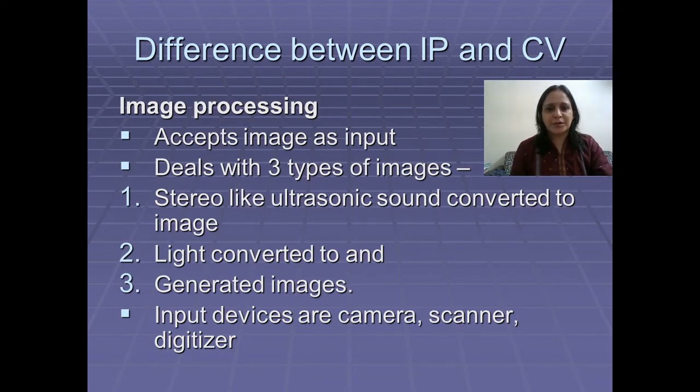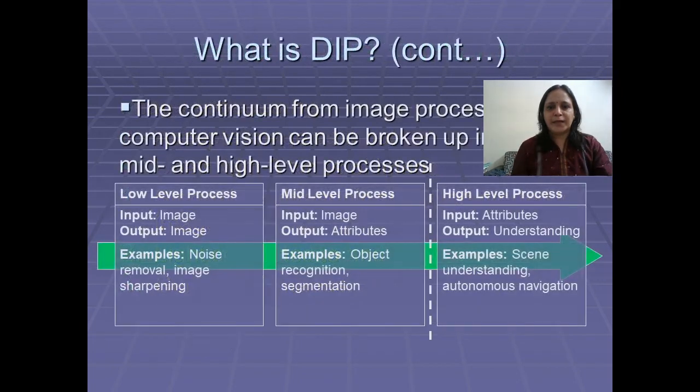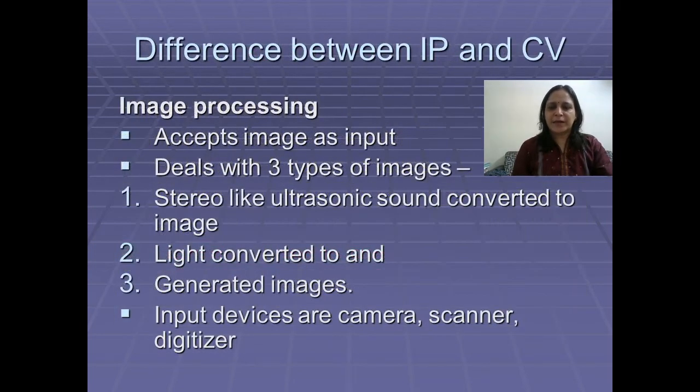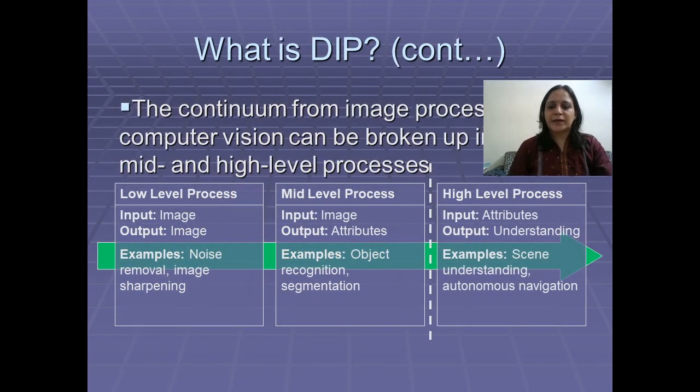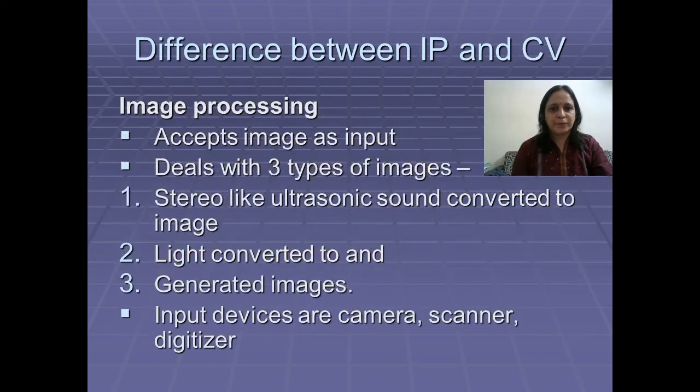This comes under image processing. Similarly, segmentation, the second part, the mid level processing, where you give an image as input and get certain attributes, also comes under image processing. But the third part, high level processing, is not included in image processing. That is nothing but computer vision, the computer perspective.